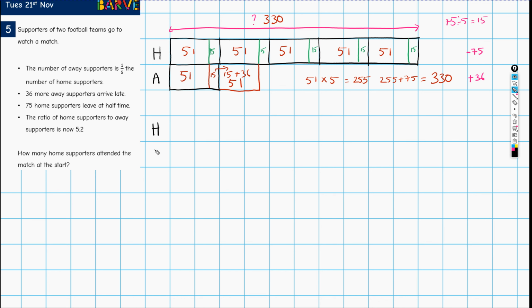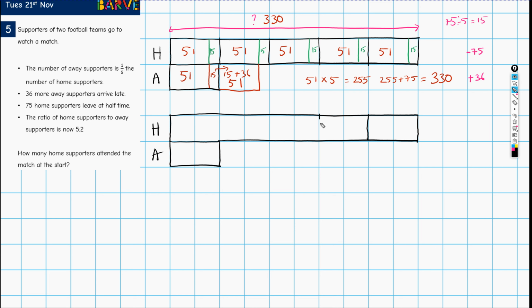So we've got home, we've got away. Again, we're going to draw this bar for away. This is for the home supporters.